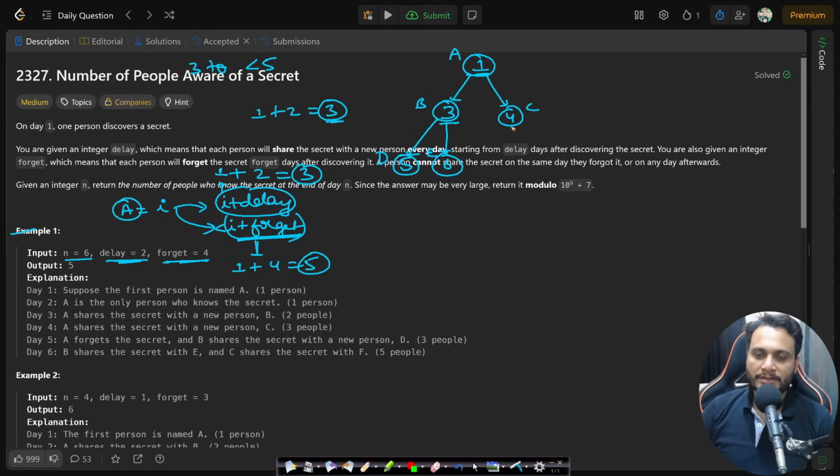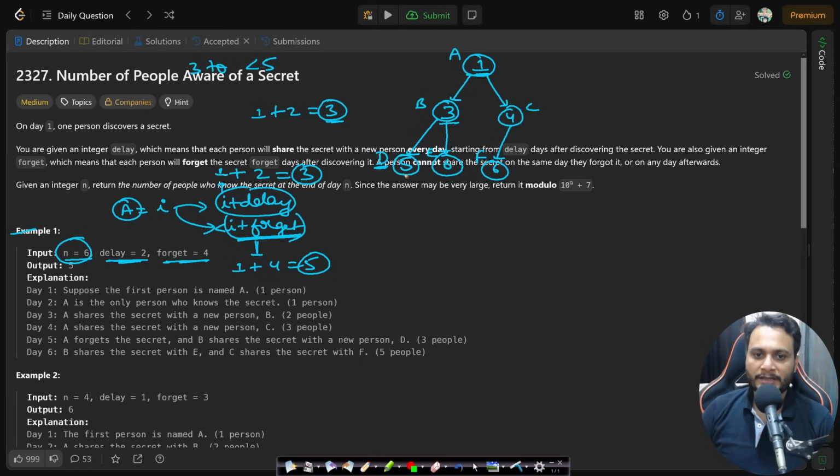Now for person C, it will be sharing on 4 plus 2, that is day 6. So on the 6th day, let's say it has shared with person F. It can also share on day 7, but you know that 7 is outside of the range of this n value, so we will not be considering that. And here we will stop.